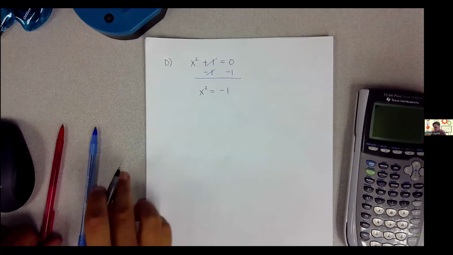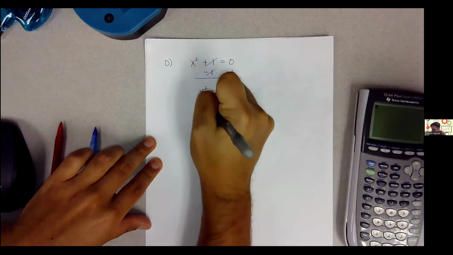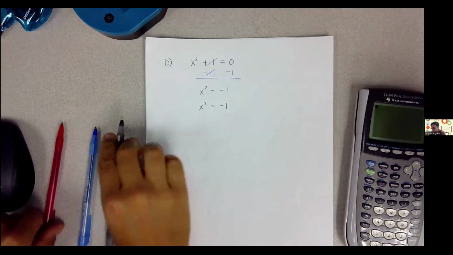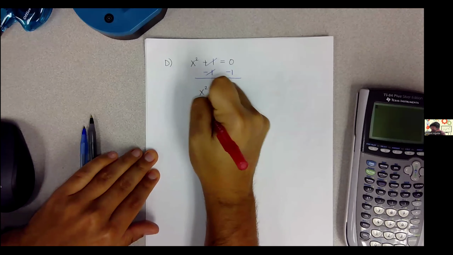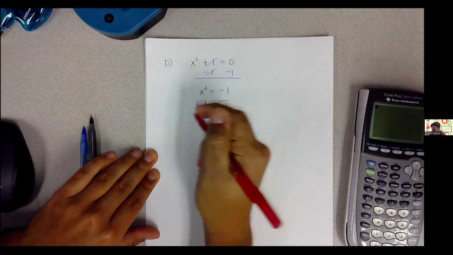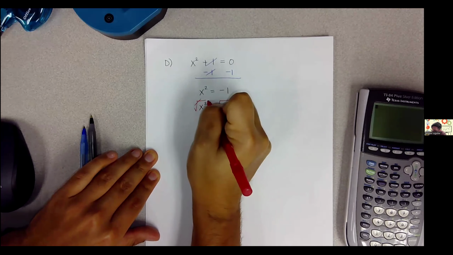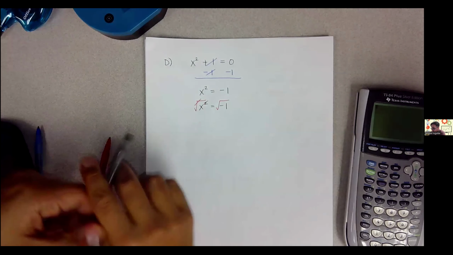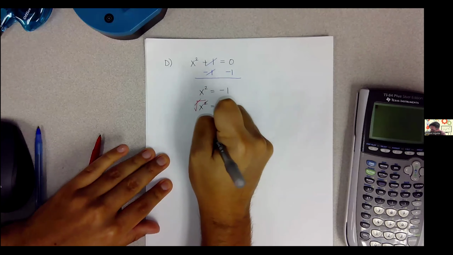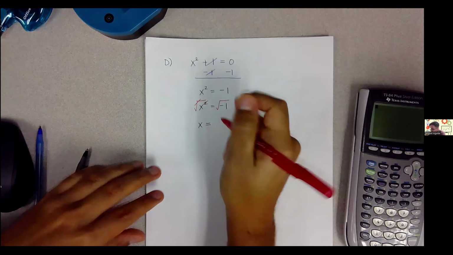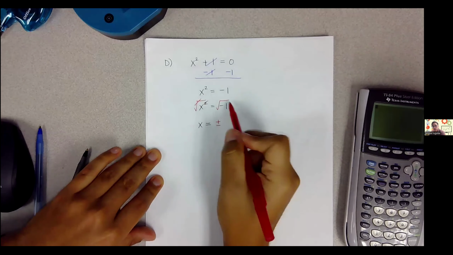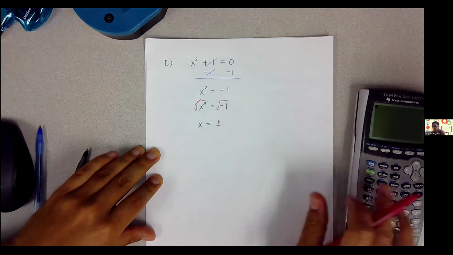Then you might say to yourself, okay, well, we can go ahead and apply the square root property here and here. And we know that the square root will cancel out the square so that it leaves behind just x. And that's going to be equal to plus or minus whatever the square root of negative 1 simplifies to.